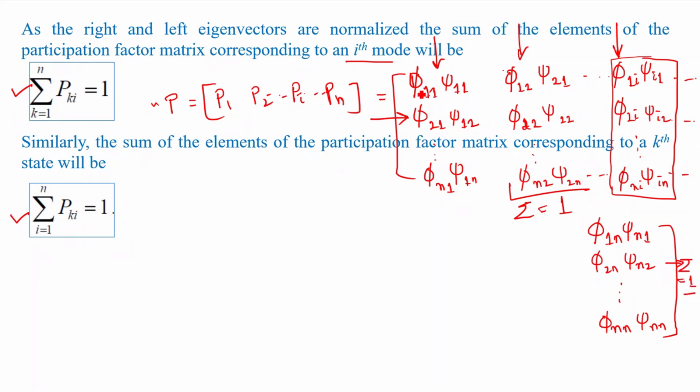So you can easily understand how it will become 1, because all these elements are in fact normalized, right? So now we can go further. You can do this analysis, or else I'll give it as one of the assignments. You can do it at home, right?